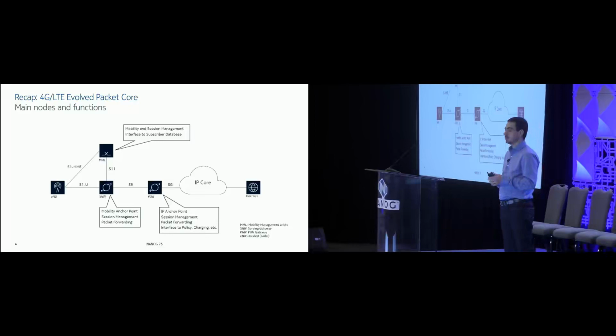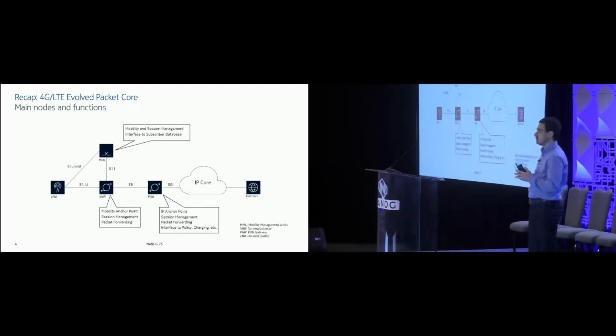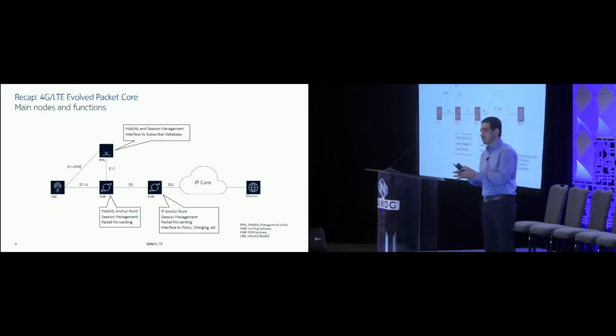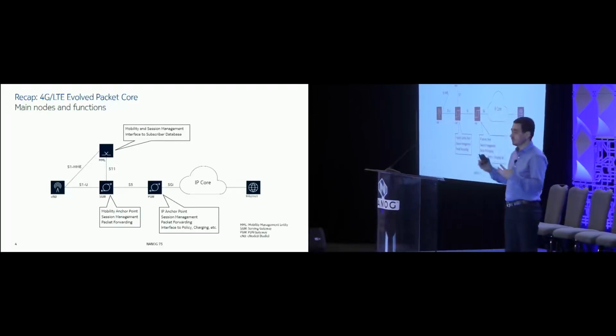And the 4G core, as we say, has a dual element approach for the user plane. So we have both the serving gateway, which is the mobility anchor, and the PDN gateway, which is actually the IP anchor. For folks who work with wireline, that's maybe similar to a BNG concept.